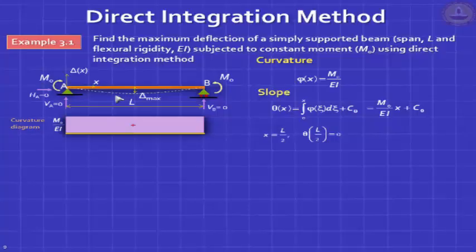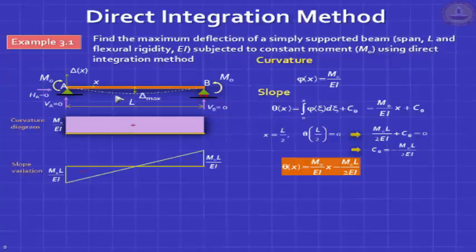So we apply that boundary condition, solve for C theta, and we find it's M naught L by 2 EI. And then we now have the expression for theta. It's an exact expression. We can even draw a graph. You'll find that there's a linear variation of theta. It makes sense because the derivative of your slope is your curvature. So this gives you a constant derivative. That's why, because it's a straight line, this is constant.